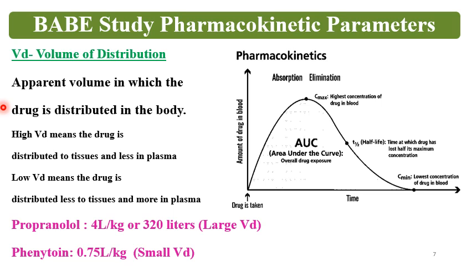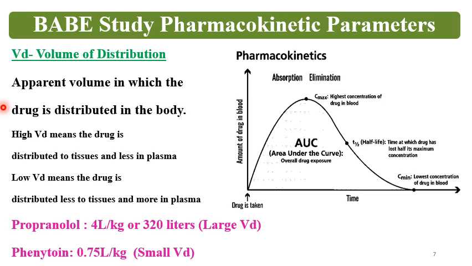So if the drug is not binding to the tissues or to the plasma proteins, then it will have a small volume of distribution. And if it is binding to or getting distributed into tissues or binding more to the plasma protein, then it will have a high volume of distribution.